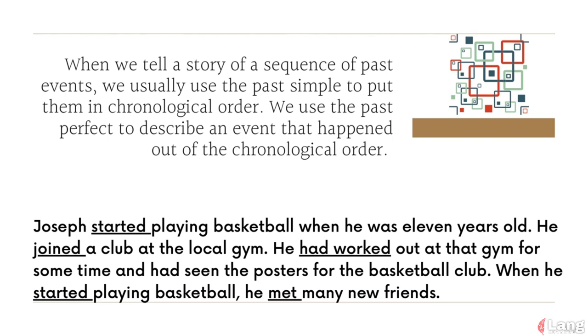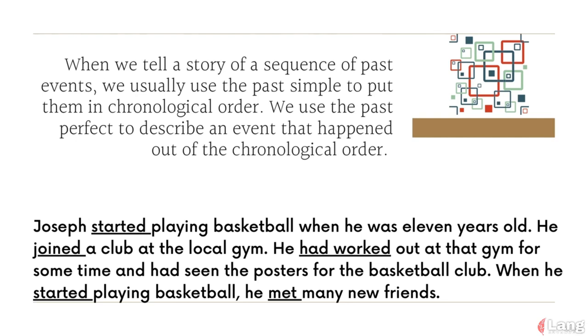We use the past perfect to describe an event that happened outside of the chronological order. This can only be understood by looking at an example. So I will read this story and make sure you pay attention to the verbs and try to find which verbs are in chronological order and which ones are outside of the order.